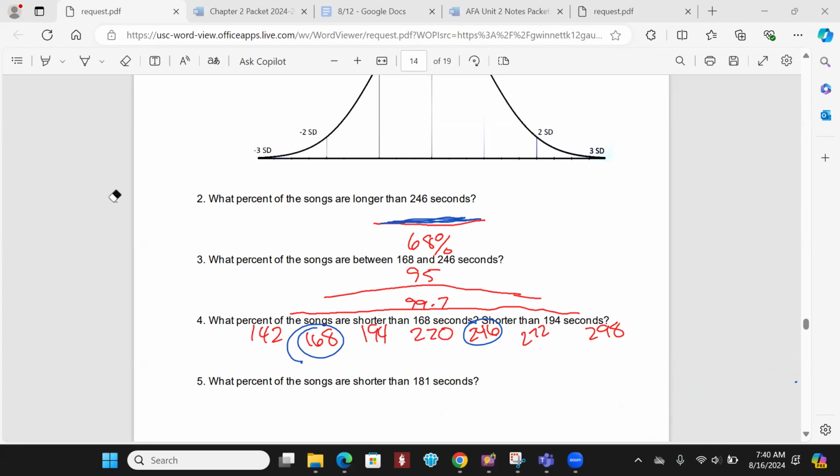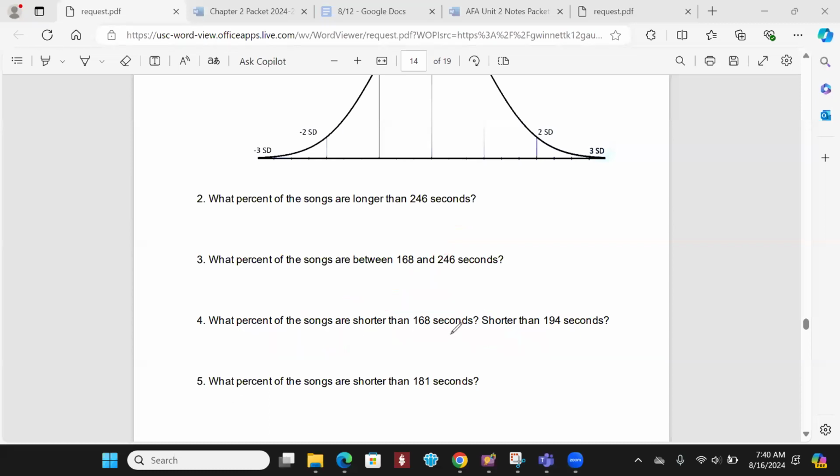So we said, what percent of songs are shorter than 168 seconds and then shorter than 194? For 168 seconds, that's 2.5%. Everybody okay where I got that from? And then for 194, that's going to be 16%. Again, everybody okay where I got that from? Again, this is an Algebra 2 skill, kind of roughly easy.